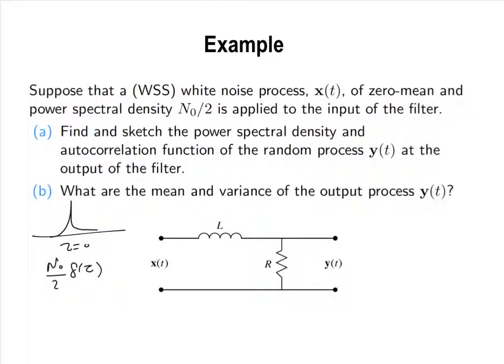And in frequency domain, noise looks like a constant value across all frequencies, and this is why we call it white. So this is Rn of tau for noise, and this is the power spectral density of noise, and it's equal to N naught over 2, right? This height for all frequencies.